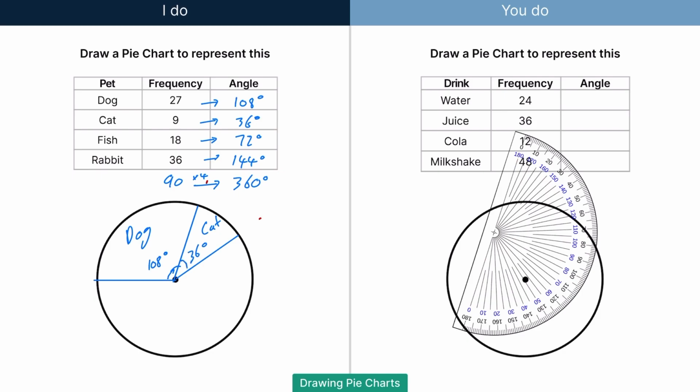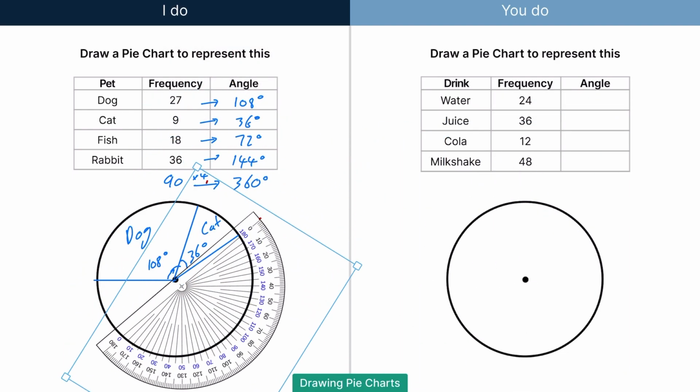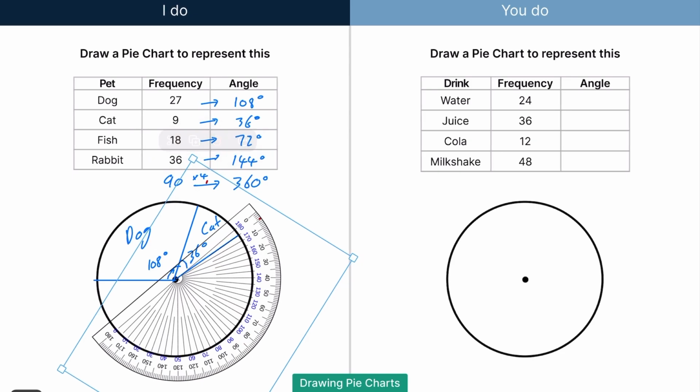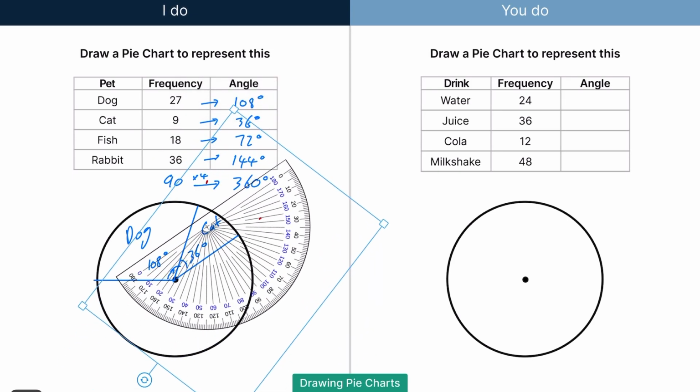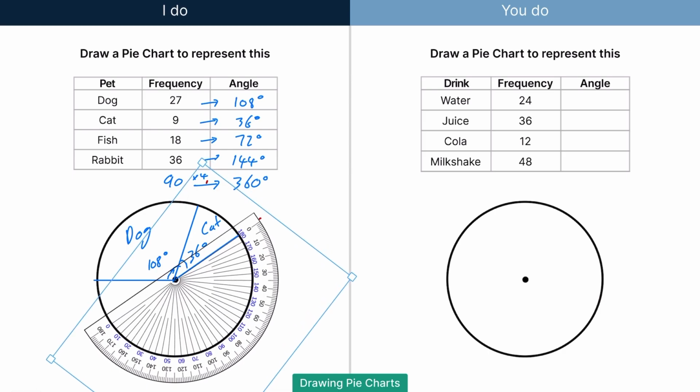Moving on, we have 72 for fish, and if I bring my protractor back, so if I line that up with this part here, there we go. And if I measure 36, so 72 will be there.